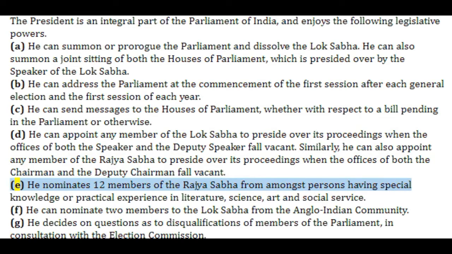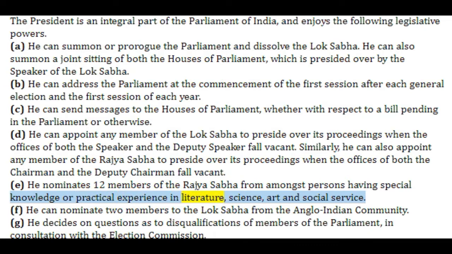e. He nominates 12 members of the Rajya Sabha from amongst persons having special knowledge or practical experience in literature, science, art and social service. f. He can nominate 2 members to the Lok Sabha from the Anglo-Indian community. g.